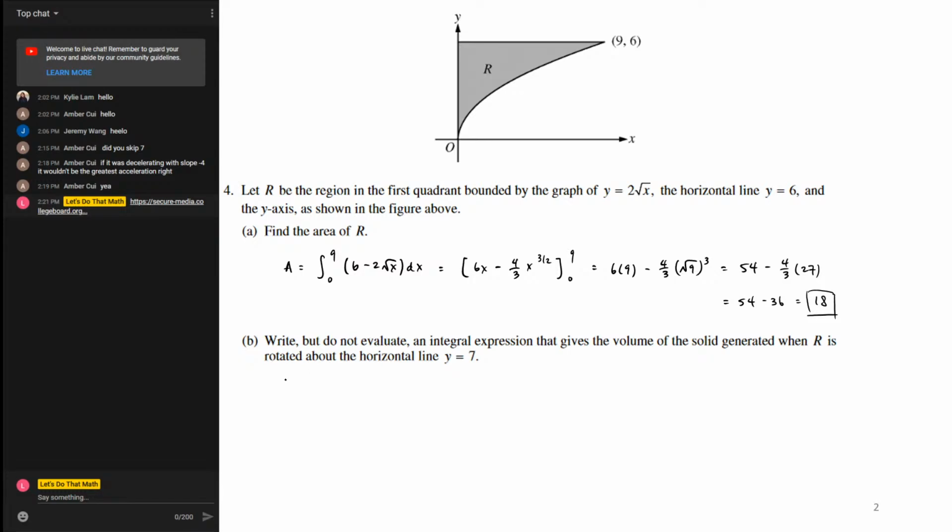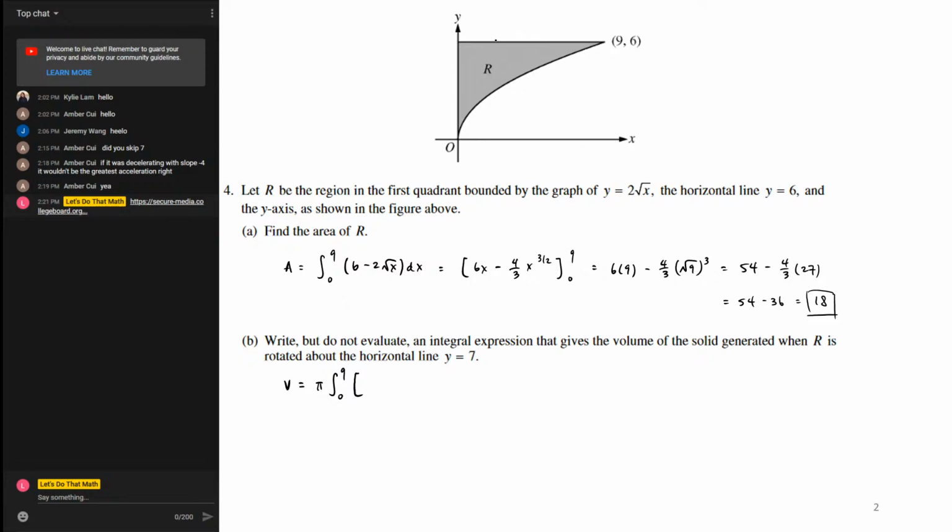So to set up the volume, what do we have to do? First, we're rotating around a horizontal line, so our bounds of integration are going to be the same, right? We multiply by a pi here because the formula is pi r squared. So first we're going to do the larger radius, right?